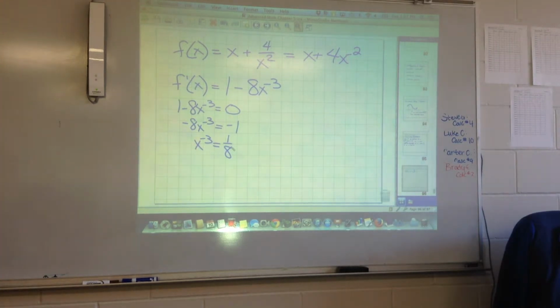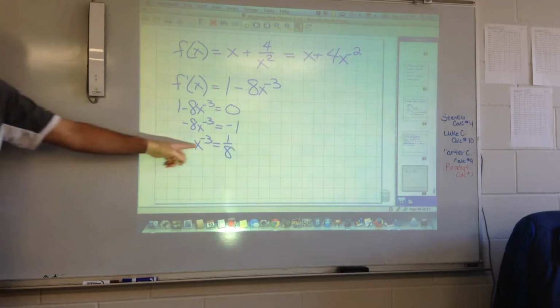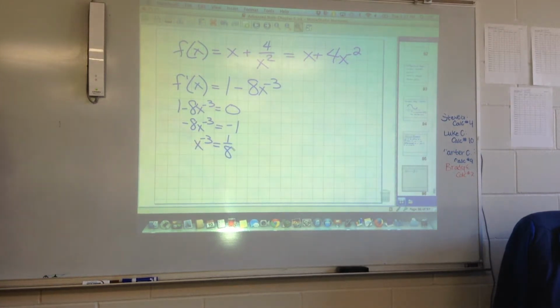Right now x is being raised to the negative 3 power. How could I make a negative 3 power become a positive 1 power? Multiply it by negative 1/3. And so that's why I'd raise both sides to the negative 1/3 power.